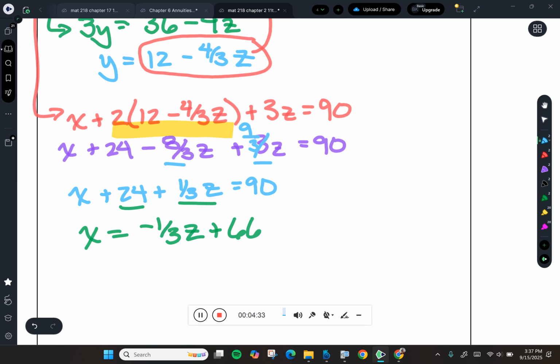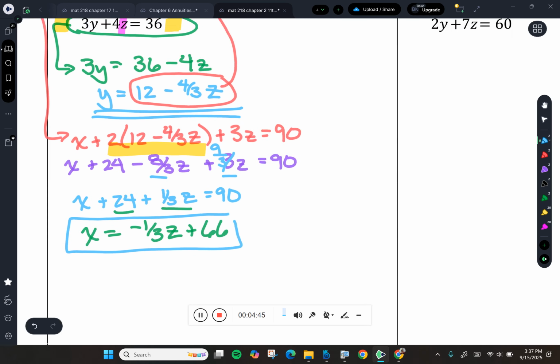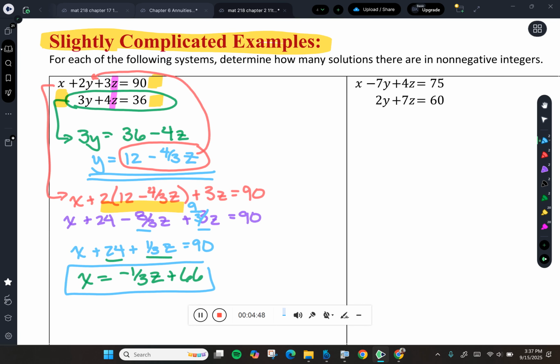Now I'm at a point where I know both x and y in terms of z. If you told me what z was, I could find a value for x and a value for y. If I go back up and take a look at the directions, remember, they want us to determine how many solutions there are in the non-negative integers.